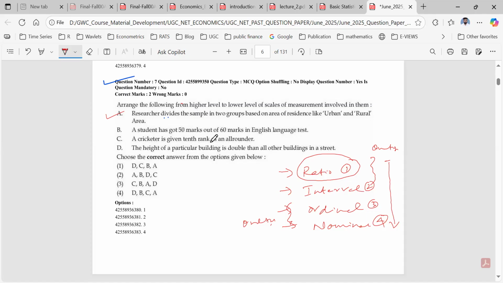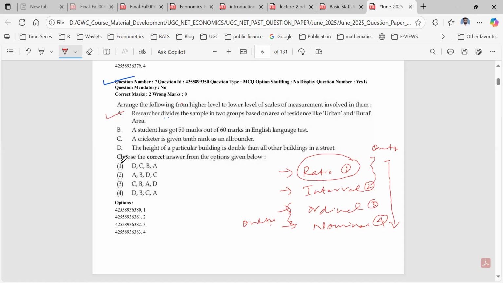Second, a student has got 50 marks out of 60 marks in English language test. C. A cricketer is given 10th rank as an all-rounder. D. The height of a particular building is double than all other buildings in a state. We have to choose the correct answer from the options given below.